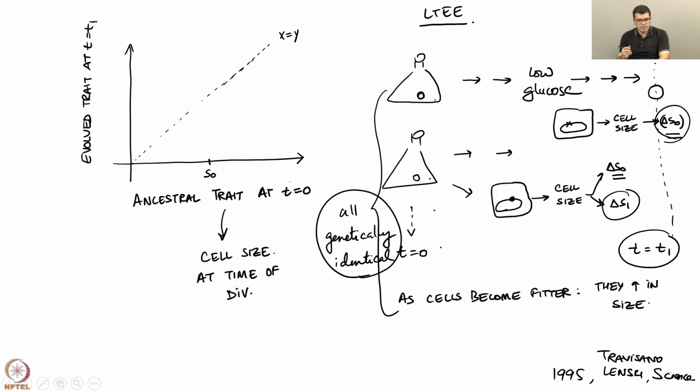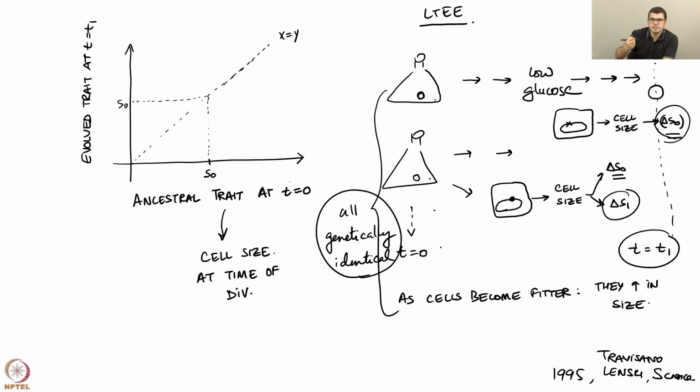So, we will plot the values of the 12 evolved lines at some point in the future, which is t equal to t1. Now, imagine this scenario that this is S naught, because this is the x equal to y line, this point is also S naught.